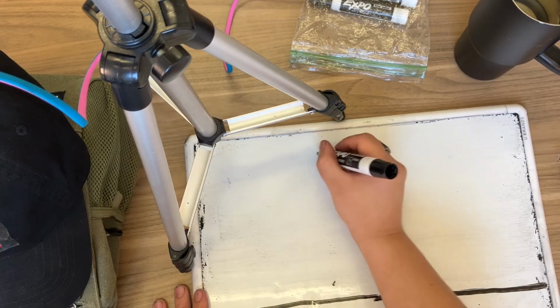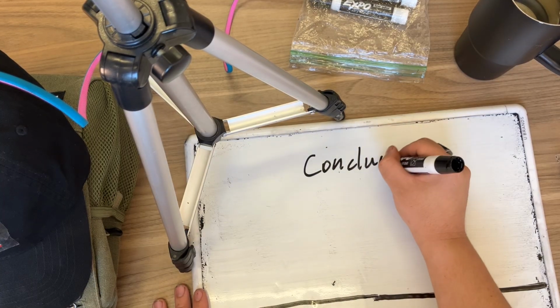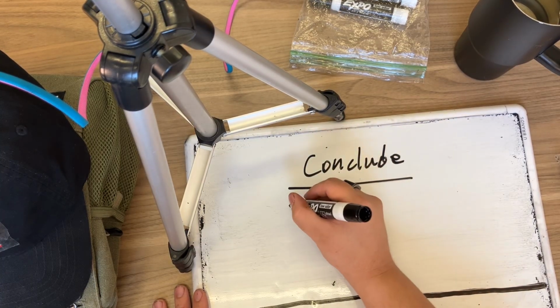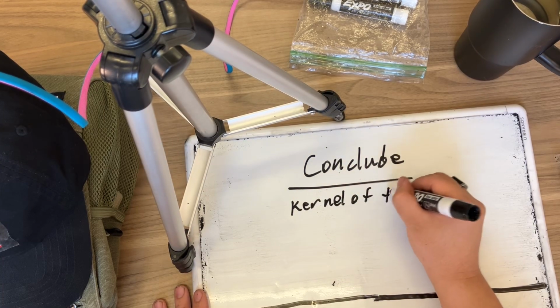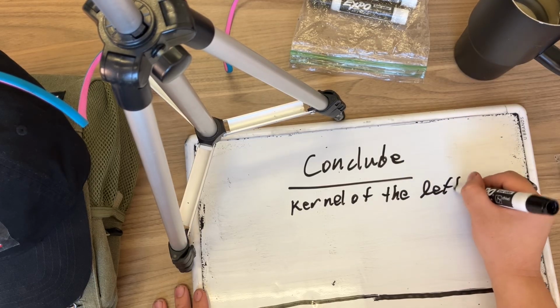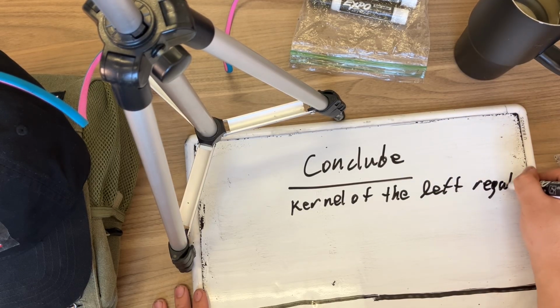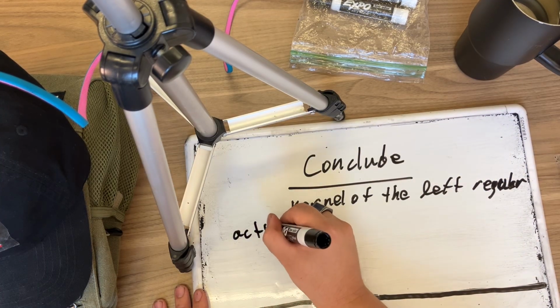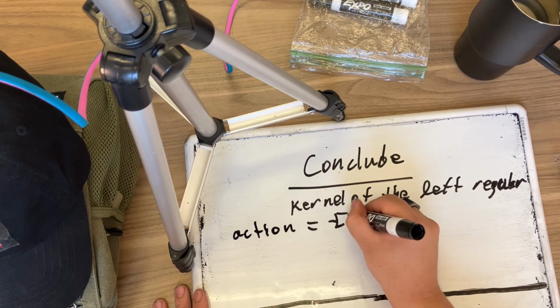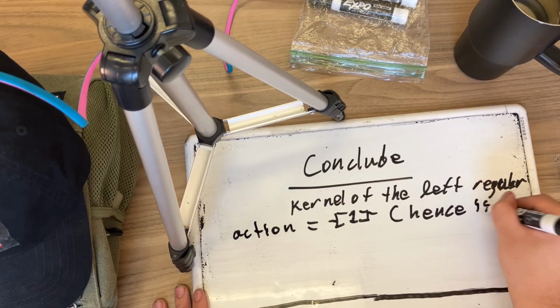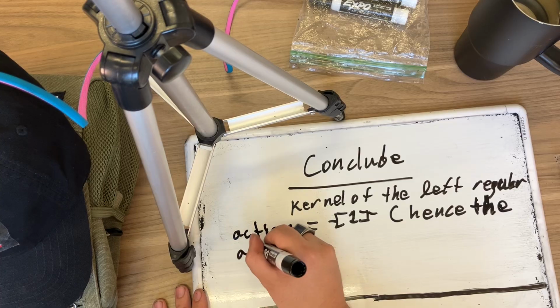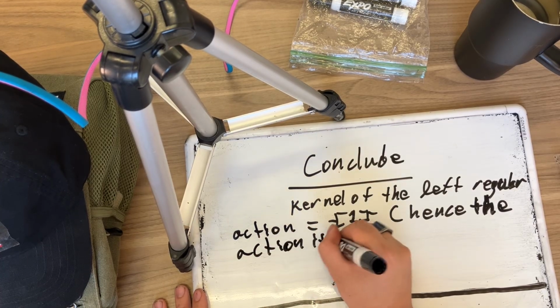Now, to conclude, what do we have? Well, the kernel of the left regular action is equal to the set containing 1, and hence the action itself is faithful.